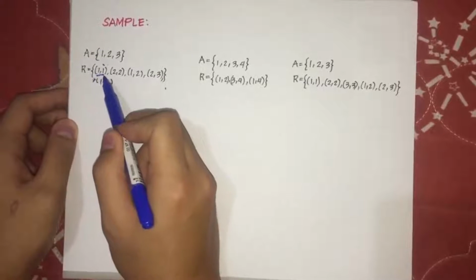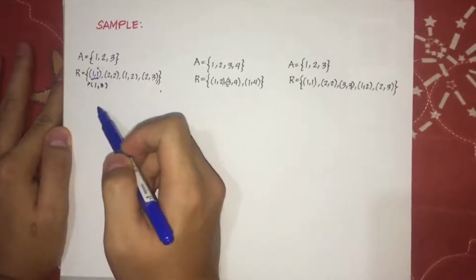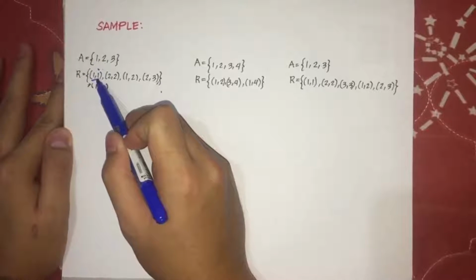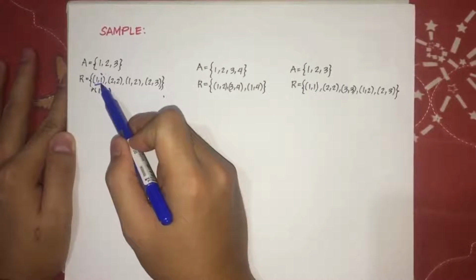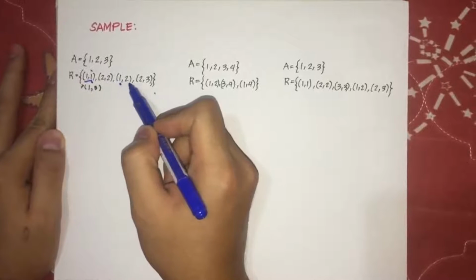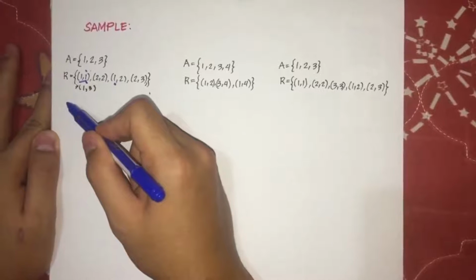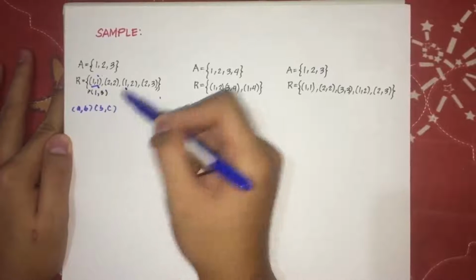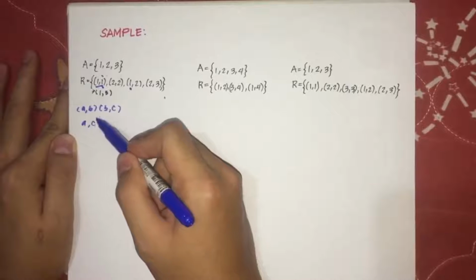So here's (1, 1), and look at the end element of that ordered pair, which is 1. So now look at the other ordered pair of the relation which contains 1 as its first element. Since here we have 1 on the first ordered pair, we now have the values of (A, B) and (B, C). So what we are looking for is (A, C).